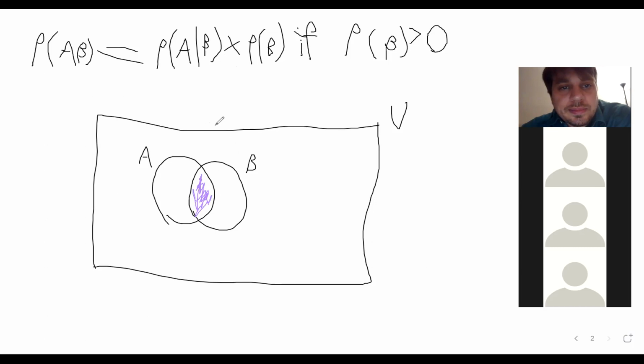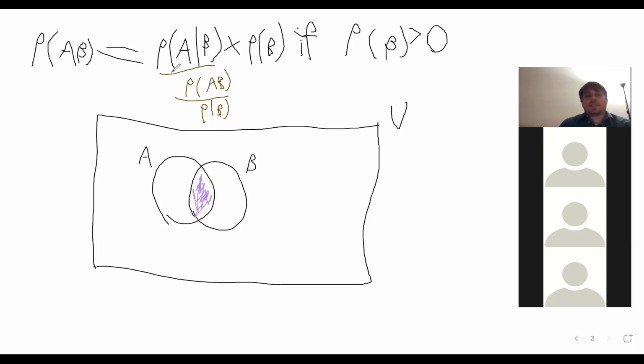The probability of A given B is the probability of A and B divided by the probability of B. But now if you multiply that by P of B, it cancels and you get P of AB.